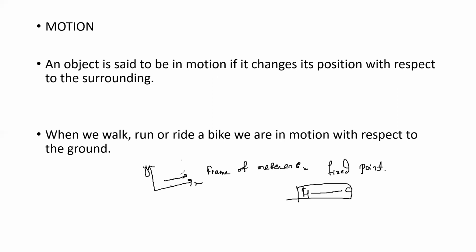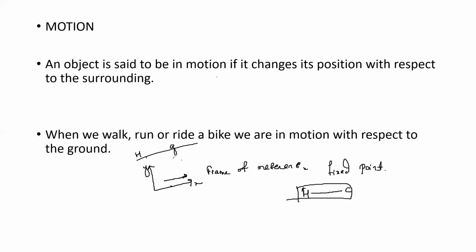This fixed point may be anything. If you are walking from your home to the ground, this is the reference frame: the fixed point or fixed place used to define the motion of a body, its velocity, acceleration, displacement, and so on. That is called the frame of reference.